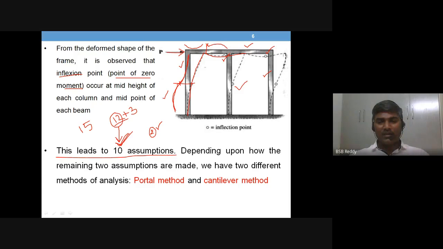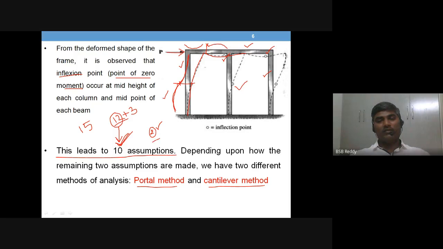That depends on the method, portal or cantilever. How you are going to get those two assumptions is explained in these two methods. There is a difference between getting those two equations by the two methods.